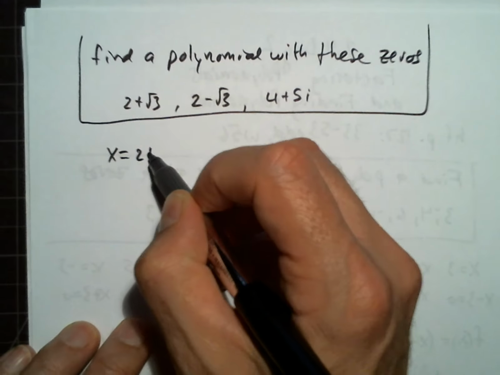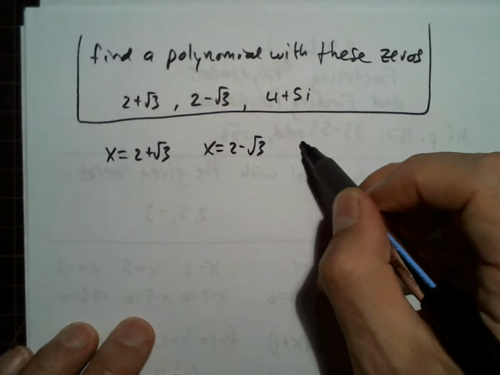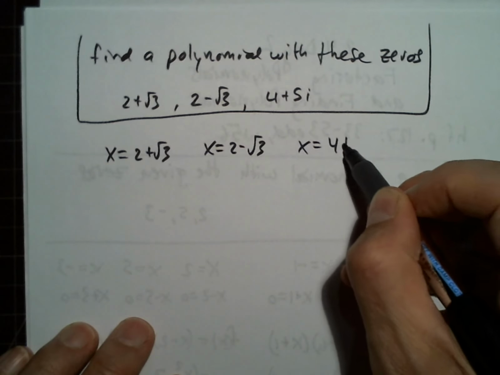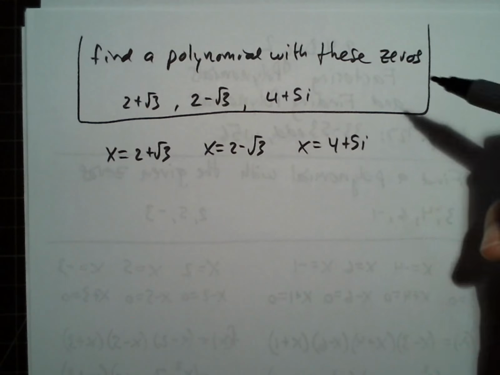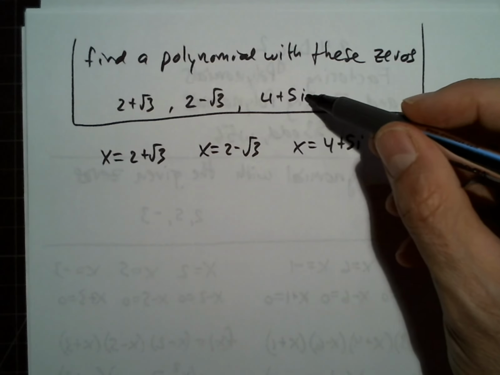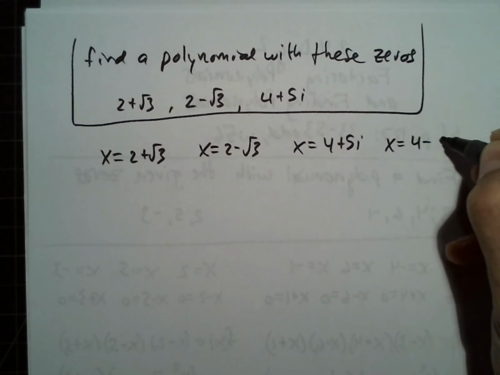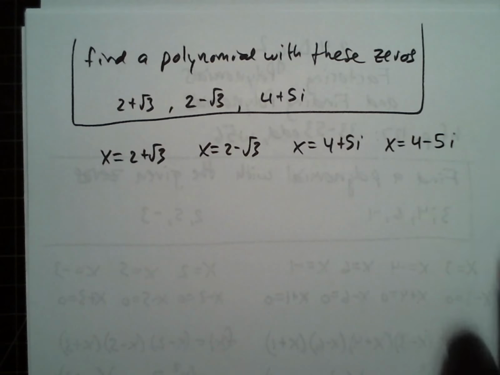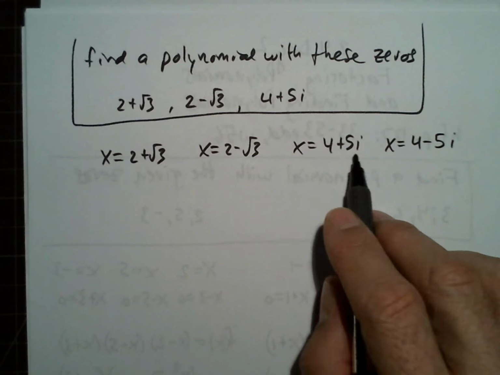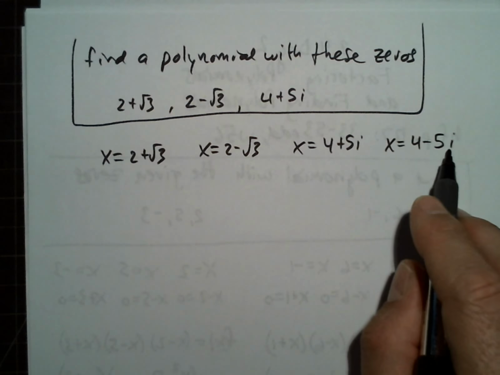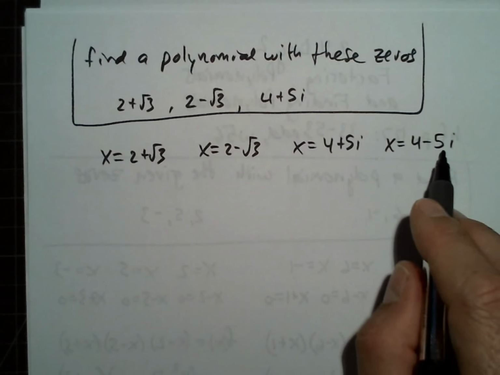But we still do this. And when we have an imaginary part, it automatically tells us that we have the conjugate of that. So it's a positive 4 plus 5i. Well, that's there, but then we'll get a positive 4 minus 5i. We don't change the sign of the real part, only the imaginary part.